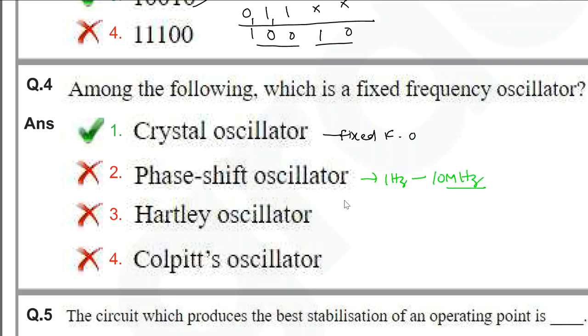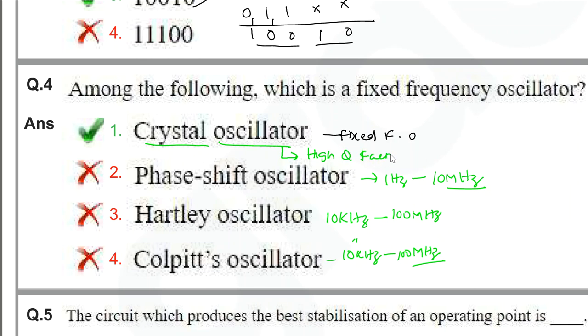The Hartley oscillator ranges from 10 kilohertz to 100 megahertz, and the Colpitts oscillator also has the same range, 10 kilohertz to 100 megahertz. Among them, the crystal oscillator is a fixed frequency oscillator with a high quality factor, high Q factor. Okay, remember these points.